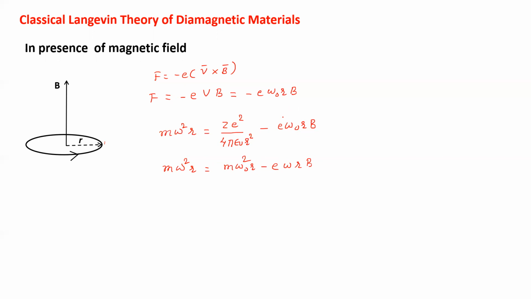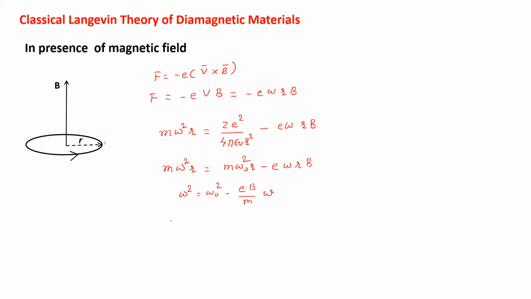In the presence of this magnetic field, this will be omega only. It will not be omega 0, because we applied the magnetic field, and therefore it will be omega. So minus e omega into R B. Now, if you further simplify these terms, R will get cancelled, and you will get omega square equal to omega 0 square minus e B divided by m into omega.